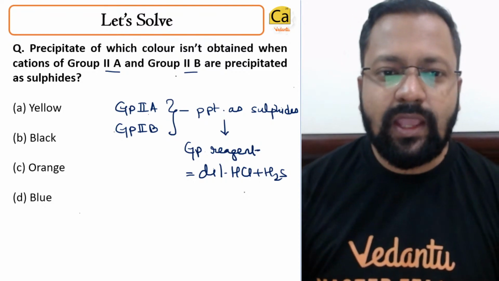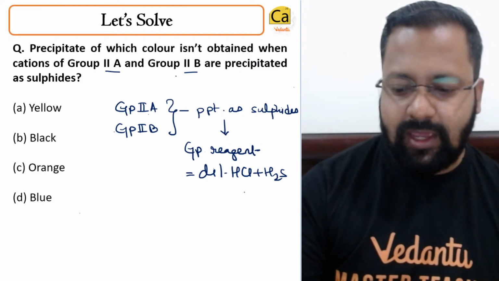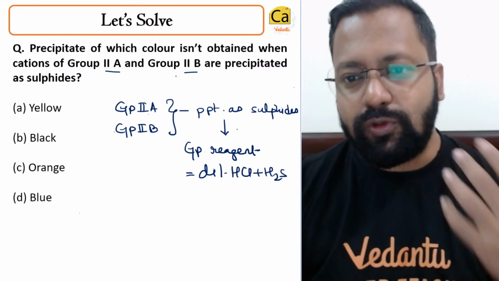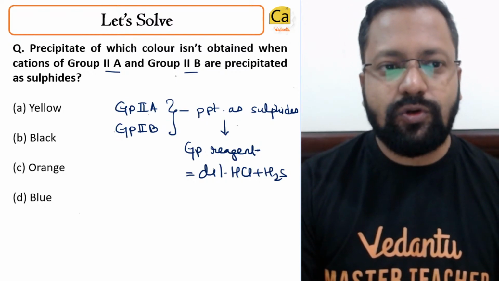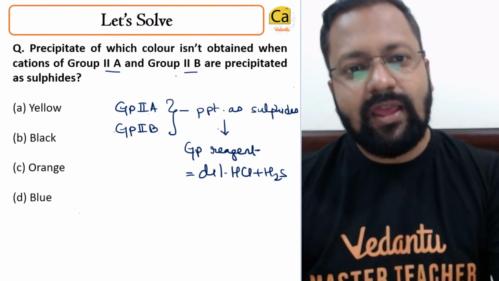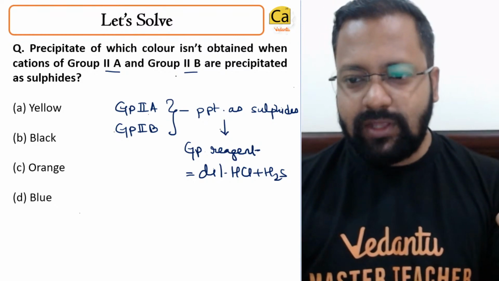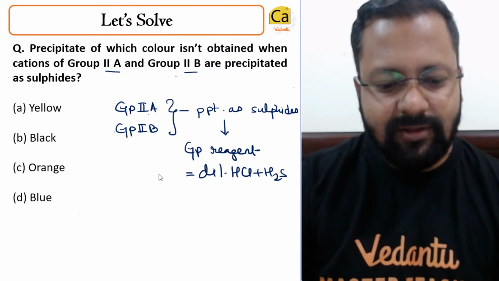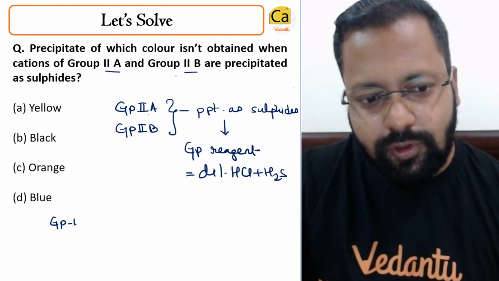Group 2A or group 2B, what are the ions which are present? Group 2A contains lead, bismuth. I'll just write this over here.